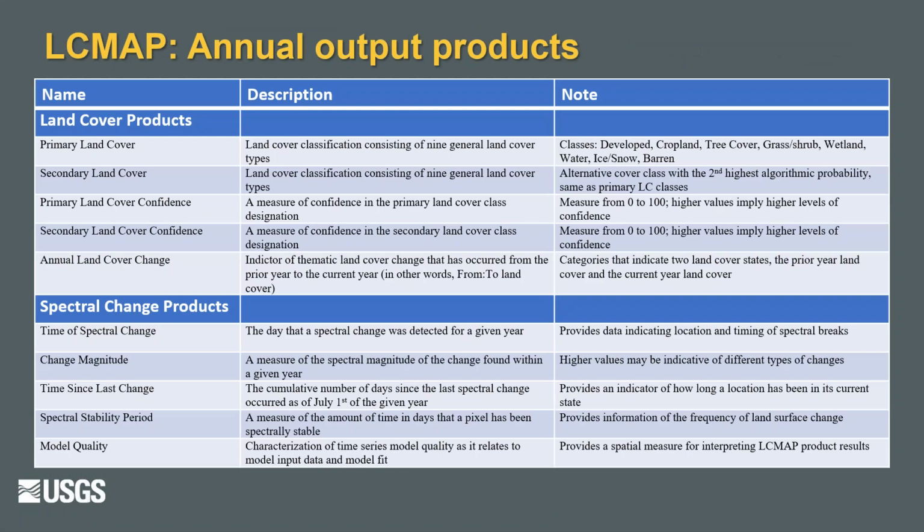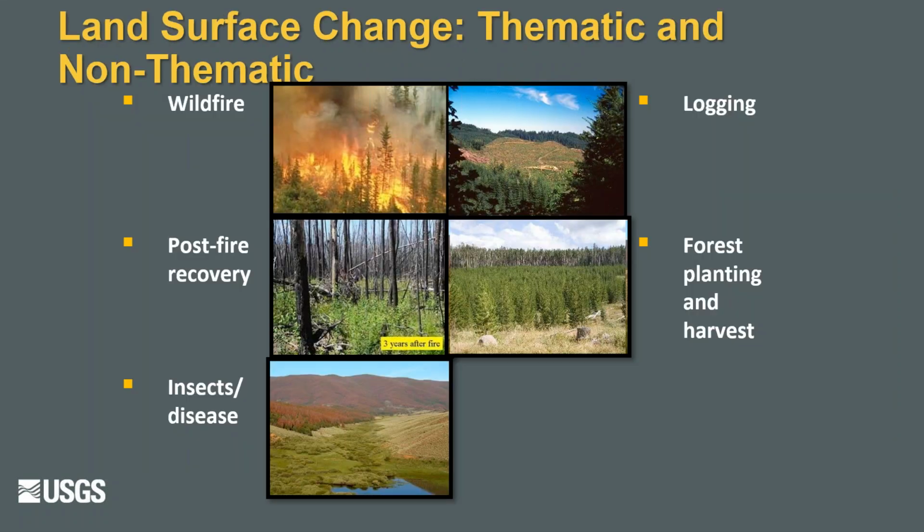So this is just another look at that series of products and the descriptions. I didn't put the reference here, but we just had a paper published. It's in press right now in Remote Sensing of Environment on the lessons learned in implementing LCMap. So that's also available for people to read.